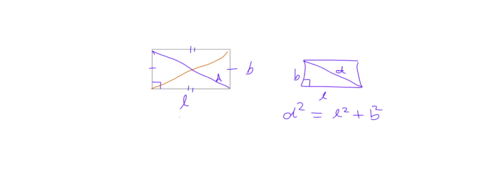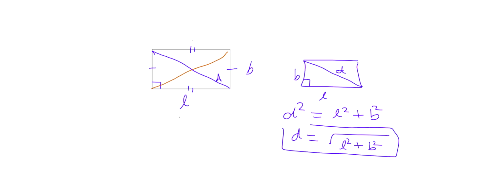So one most important formula is the length of diagonal of the rectangle, D equals root of L square plus B square. Got it? Yes, sir. Perimeter, you know well, 2 times L plus B, and area, you know well, for rectangle is length into breadth.